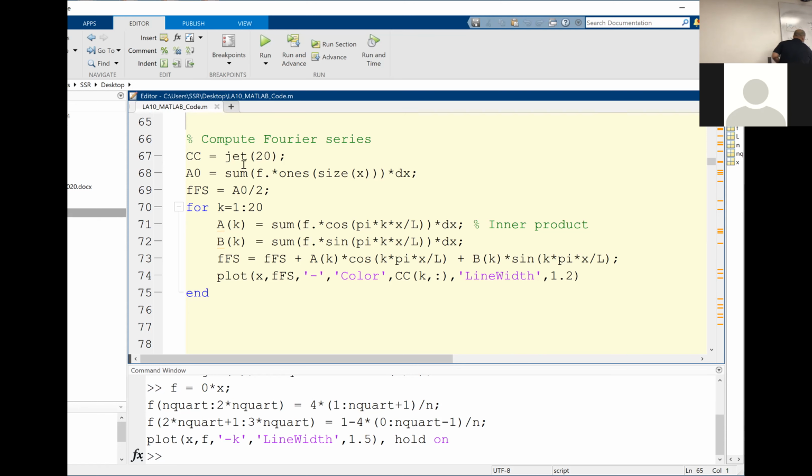Basically, this is omega, we call this k, and then this becomes ak. So I took the inner product of that function with the cosine basis, and then I normalized. What I did in the discrete case in last class, I'm doing the exact same thing with the continuous function in the case of Fourier series.